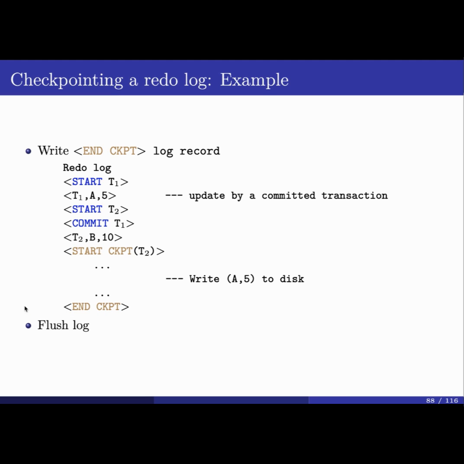So in this case, if you find an end checkpoint, that means go back to the previous start checkpoint, and this guarantees that all the transactions committed before this point definitely have their changes reflected on the disk. In other words, there is no need to redo them.